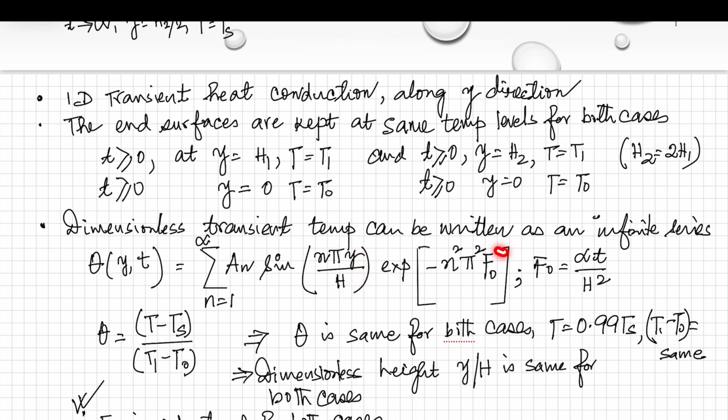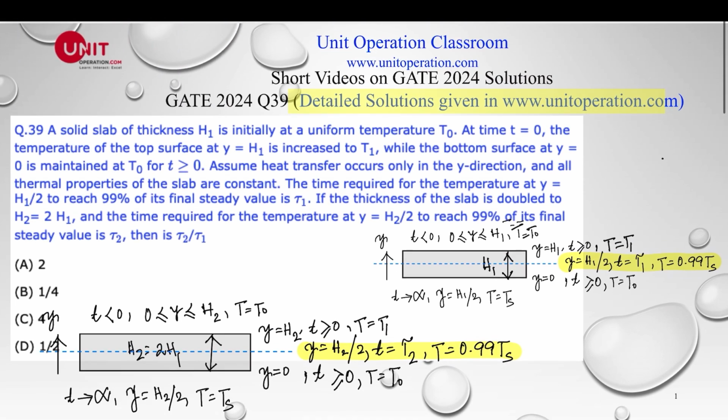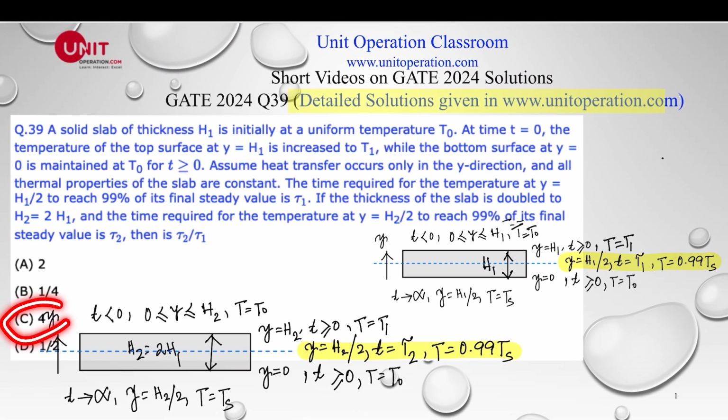So basically, the Fourier number will also be the same in both cases. If the Fourier number is identical for both cases, we can write that tau would be proportional to h square. So if we do the calculation, because H2 is equal to 2H1, the ratio would be equal to 4. So we say that C, of course, is going to be the correct option.